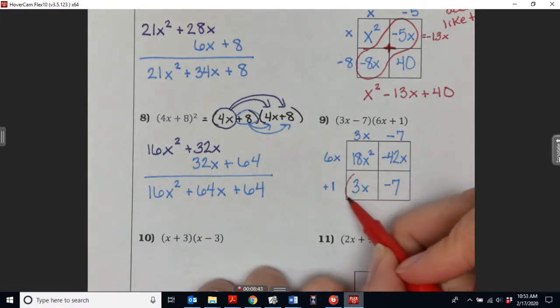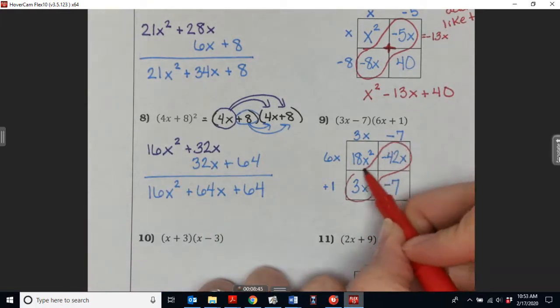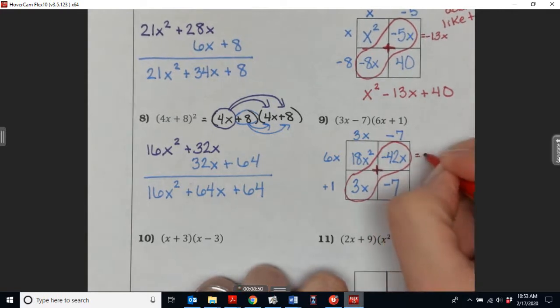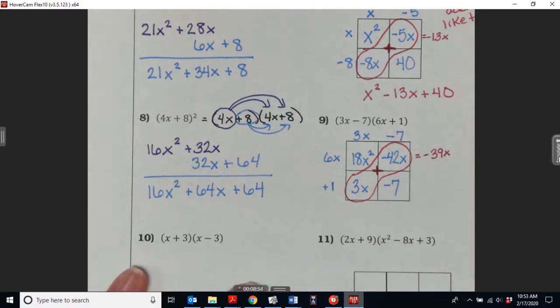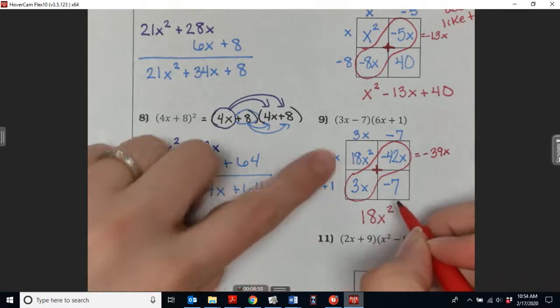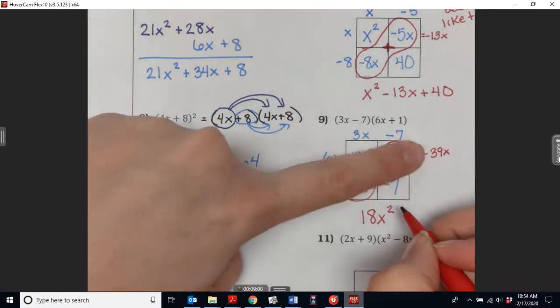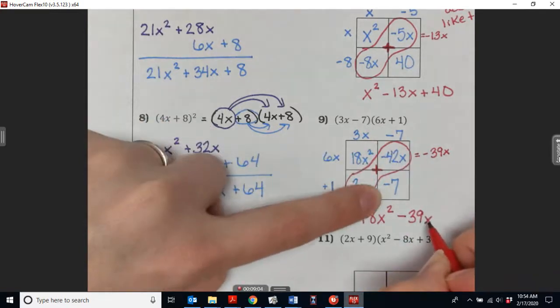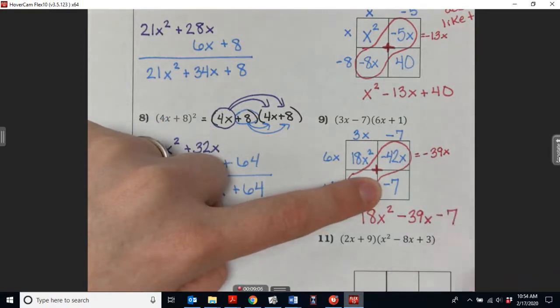Add up my like terms. Okay, and that gives me negative 39x. And then I write out my final answer. I have 18x squared, which is the first term. My middle term is minus 39x, and my last term is minus 7.